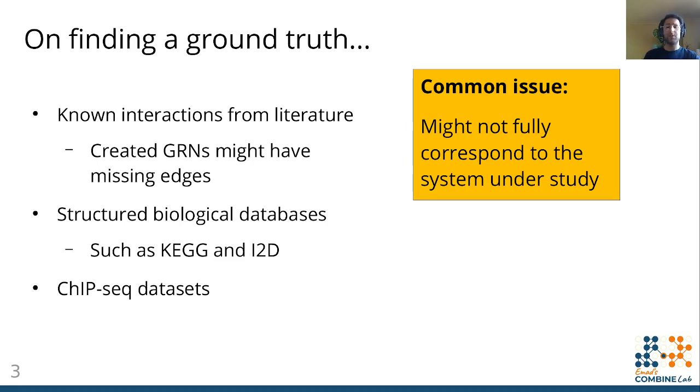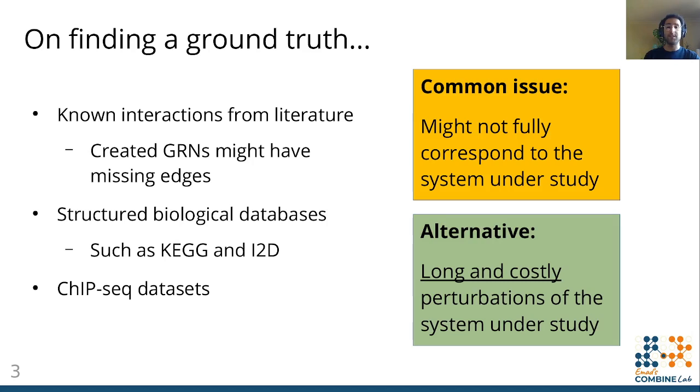So to ensure that the created ground truth is true to the system under study, we really need to perform perturbation experiments on that same system, or on a system that closely mimics the conditions used for GRN inference. Those experiments are very long and costly.